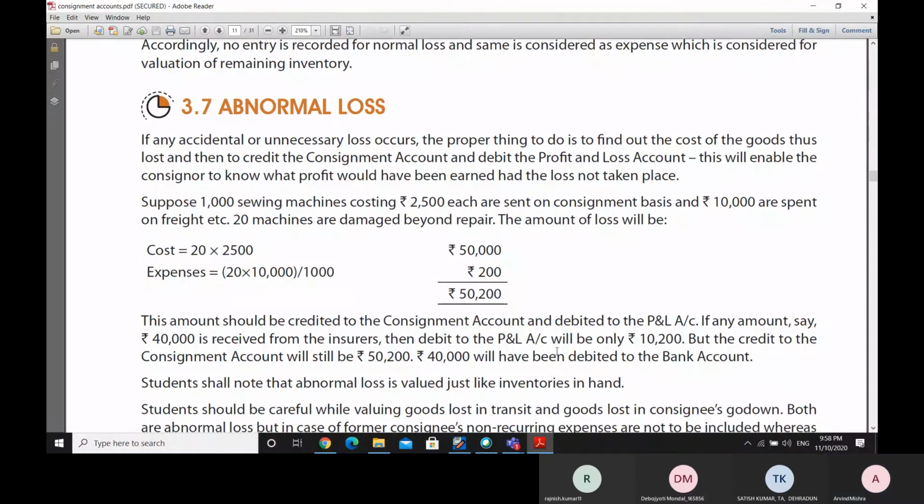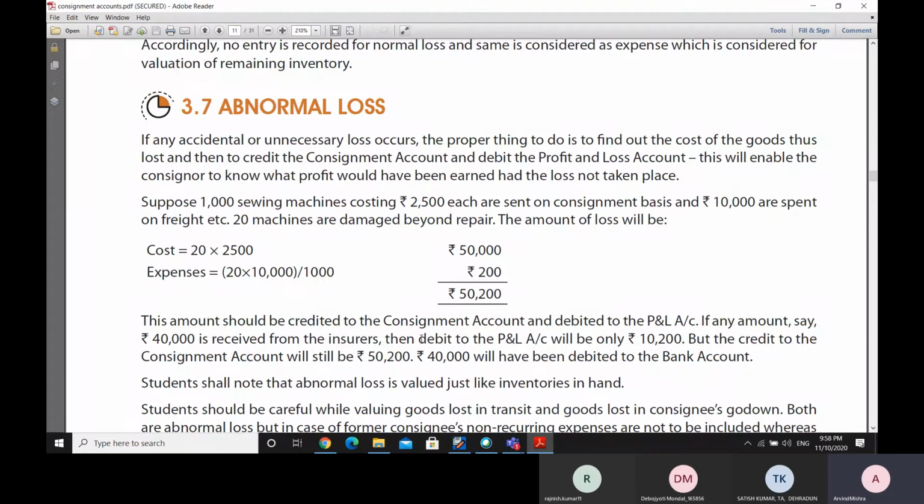Now, what is being explained here is what should have happened, but actually what is done is that we are not changing the credit to the consignment account, because even if we have received the money back, it's fine. We are not bothered.